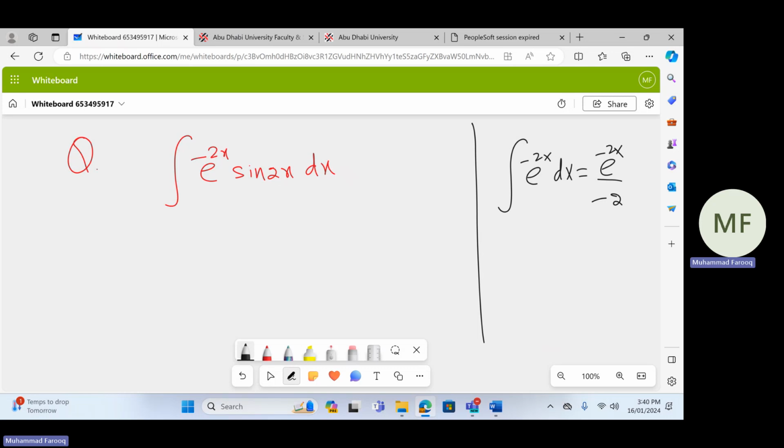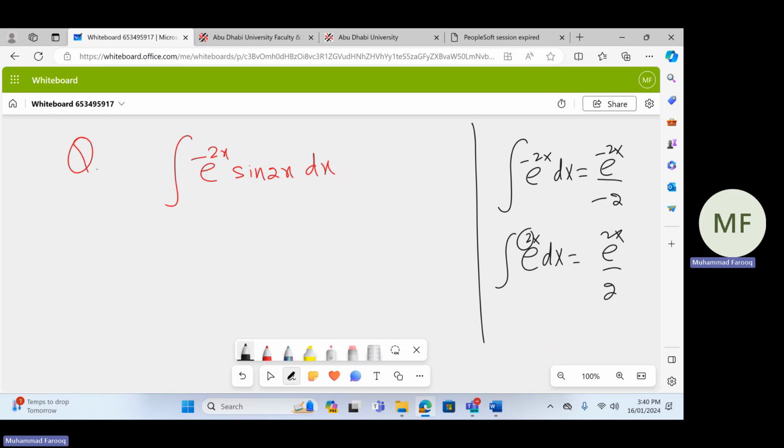Generally you require substitution, which takes time, so just memorize this. For example, if you have e power 2x, same thing: copy paste and divide by 2. Whatever you have here, divide by it.